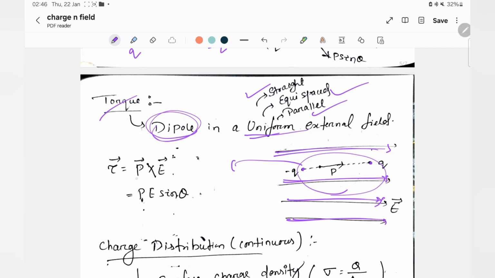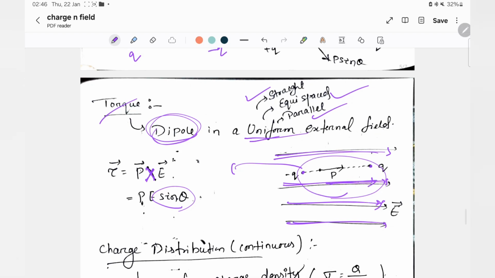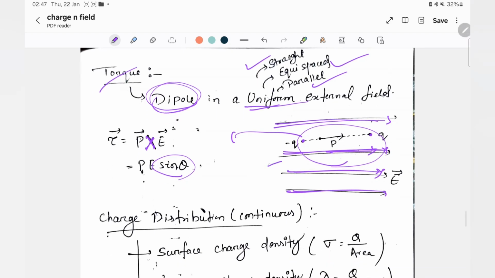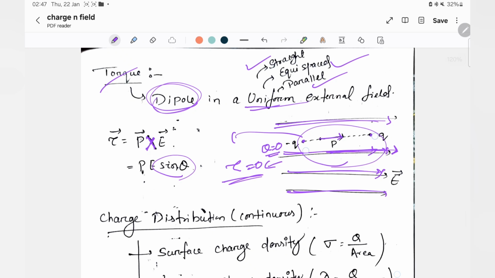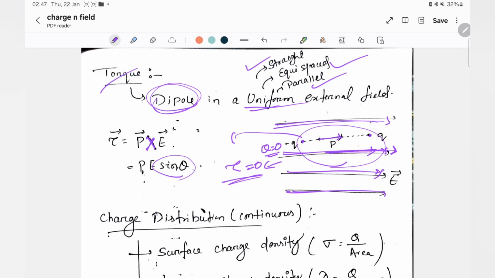Its value will be P cross E. It is a cross product, so it has direction. It is PE sine theta, where theta is the angle between the electric field and the dipole moment. As we can see in this case, the electric field direction is this and the dipole direction is this, and theta will be 0. So sine theta is 0, so the torque will be 0. That means the dipole will never try to turn itself.